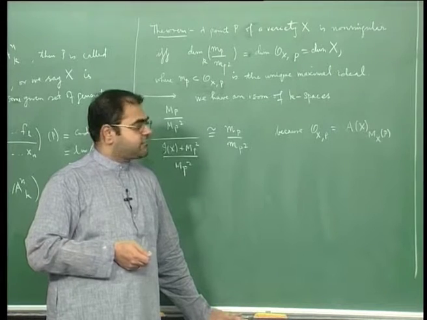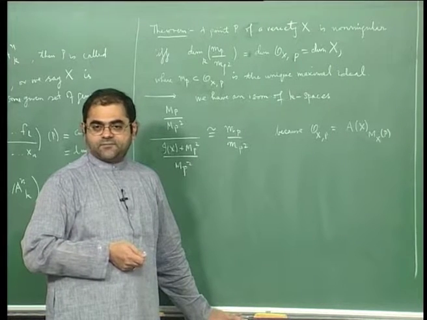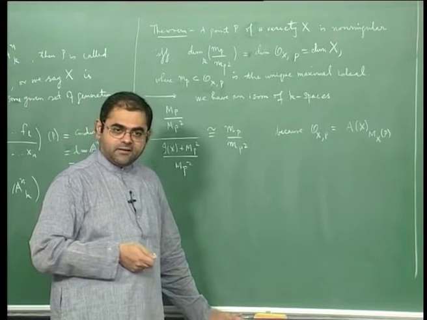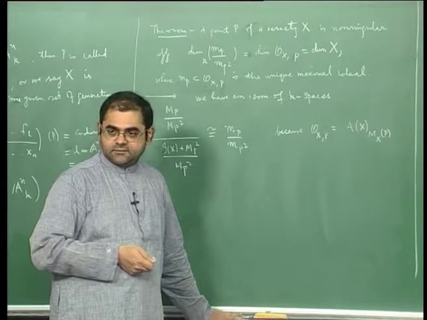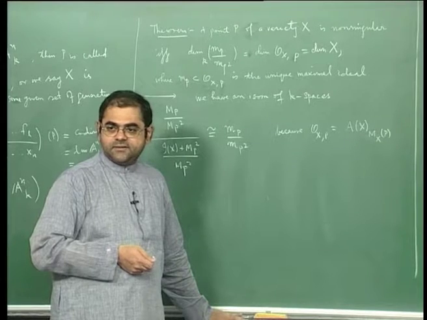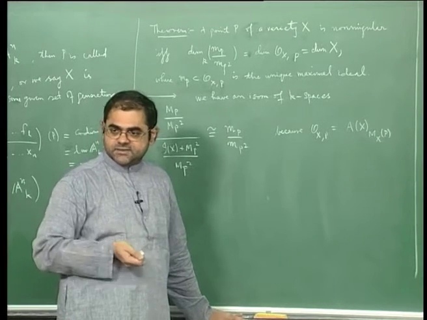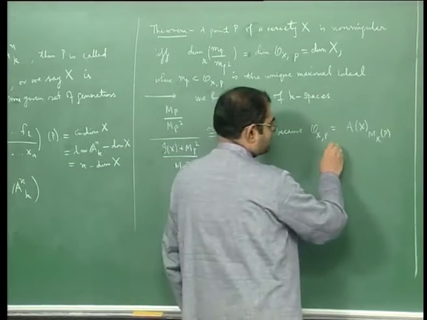You simply take the affine coordinate ring of the variety and you localize at the maximal ideal that corresponds to that point, the unique maximal ideal of the affine coordinate ring which corresponds to that point by the Nullstellensatz, okay.